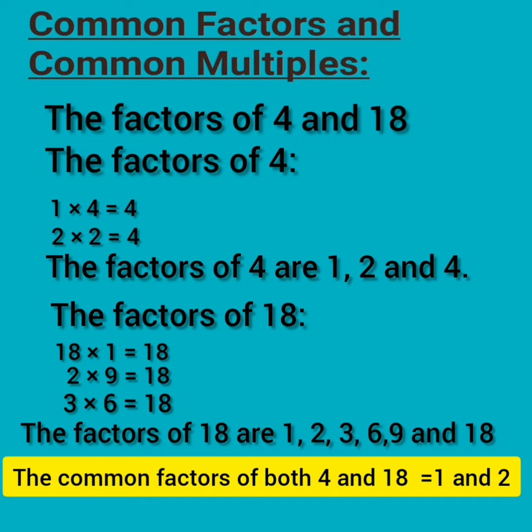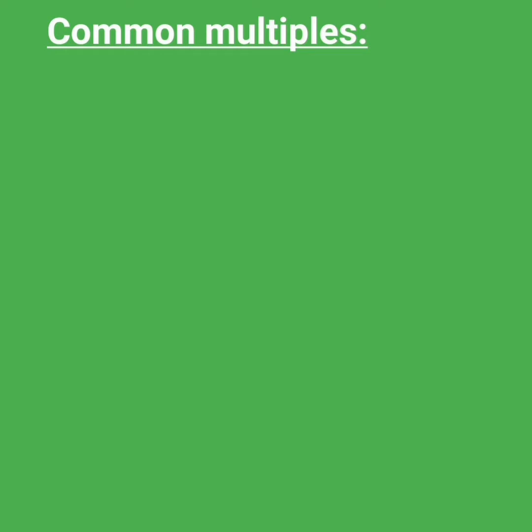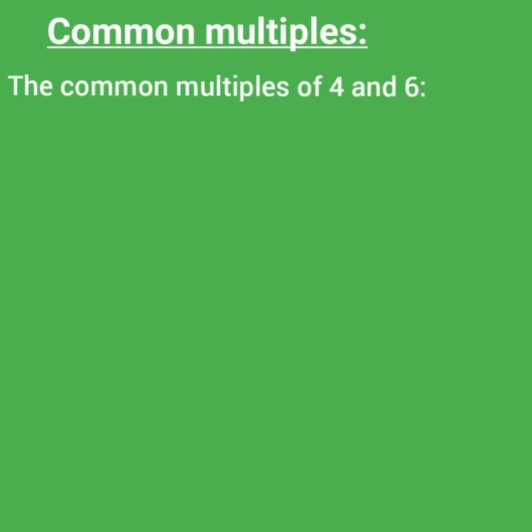Got it? Dear children, now we will find out the common multiples of 4 and 6. Firstly, the multiples of 4 are 4, 8, 12, 16, 20, 24, and so on.